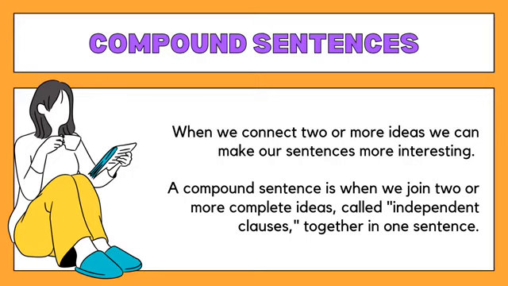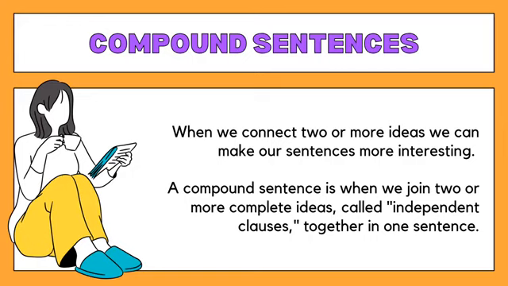Each clause in a compound sentence could stand alone as a complete sentence. Each of the two clauses that are joined by a coordinating conjunction can stand alone as a complete sentence. Hence, that is why it is called an independent clause. But they are joined to show a relationship between the ideas.